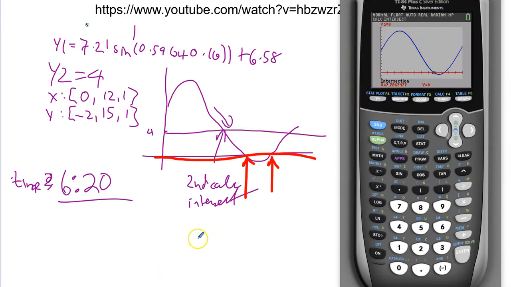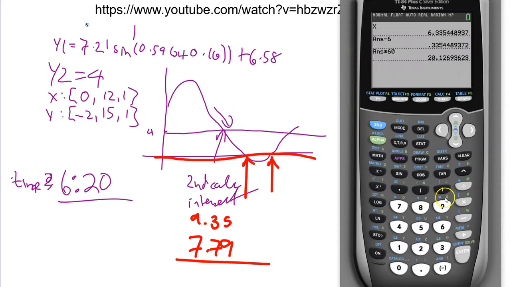So we have 7.79, let's say, and second calc intersect, 1, 2, 3, 9.35. 9.35 minus 7.79. So 1.56 hours. And remember, that's decimal hours.